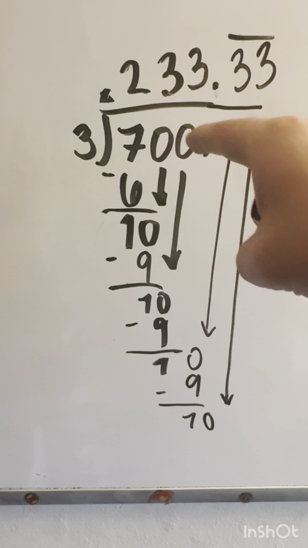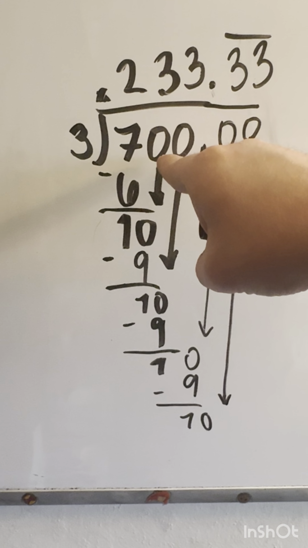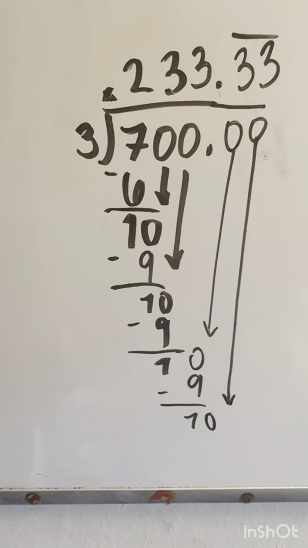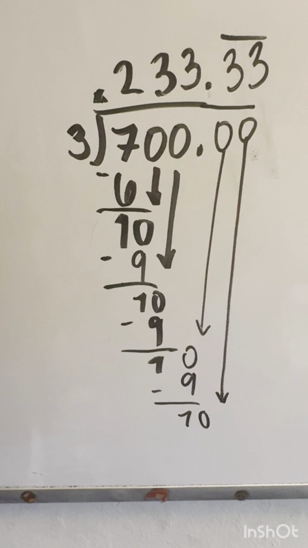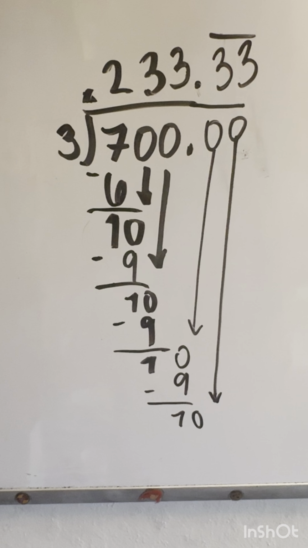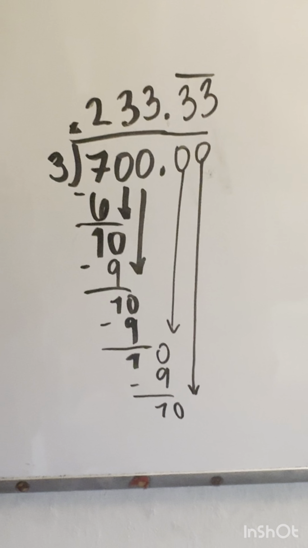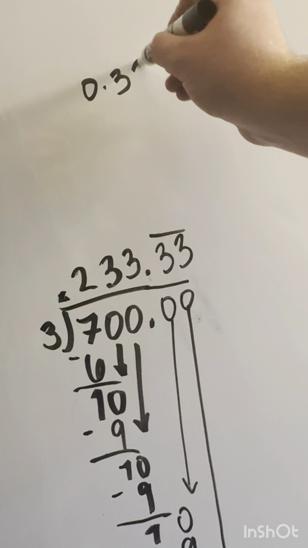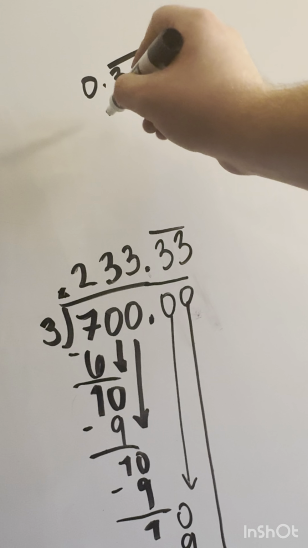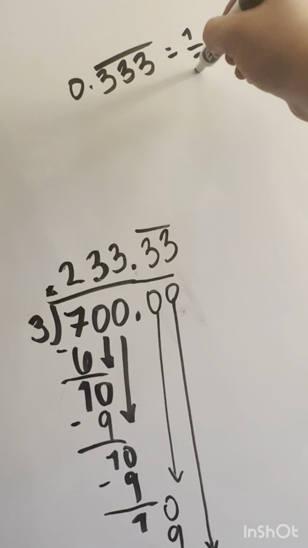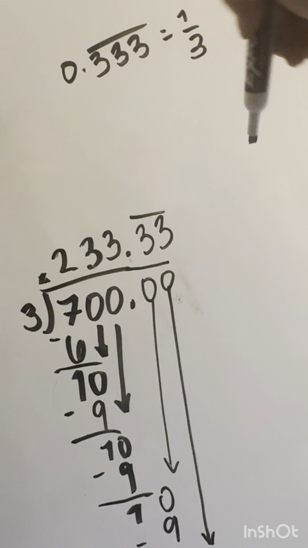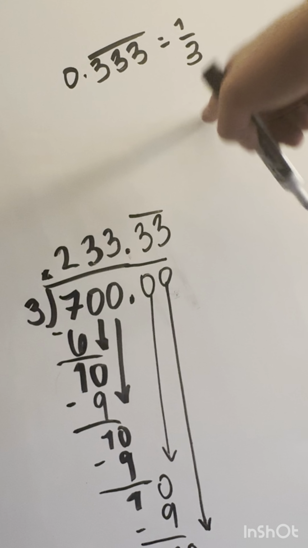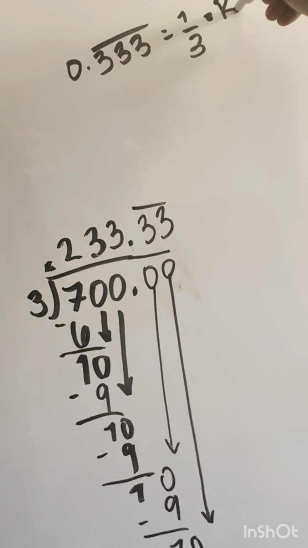We could say that 3 goes into 700, 233, and 1/3, because 0.333 repeated equals 1/3. And 1/3 was one of the other ways we could write this. And this is the same as R1.